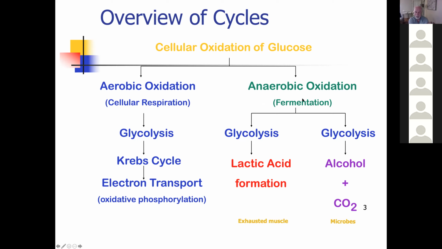And it can go either of two ways, depending on where it is. If it's in a muscle, it leads to lactic acid formation, and we'll talk about the consequence of that a little later. If yeast or other microbes are involved, it leads to alcohol production plus carbon dioxide. And I'll talk in detail about these two anaerobic processes later.